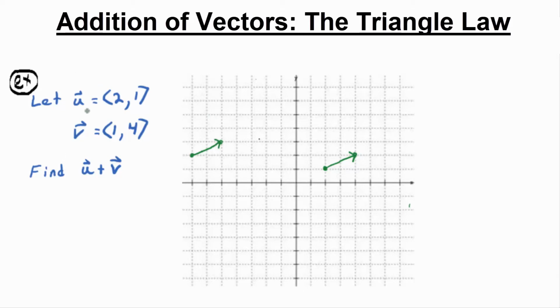You take the vector u, if you want to represent it using a picture, which is the vector 2, 1, I'll put that right here. And on its tip, which is where the arrow is, you make that the tail of v, the thing you're adding on. Let me do that in red so it shows up better.